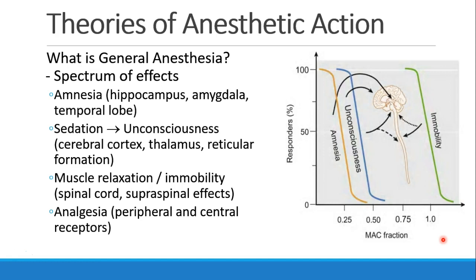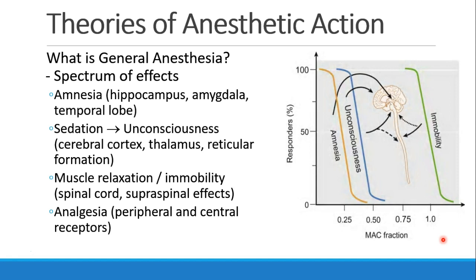Before we get into the physics and the chemistry of uptake and delivery, let's just talk about general anesthesia for a moment. General anesthesia is sort of a spectrum of effects. There's amnesia, which occurs in the hippocampus, the amygdala, the temporal lobe.